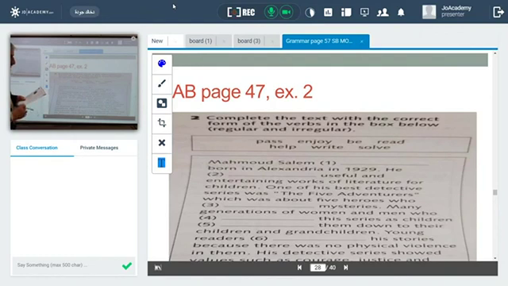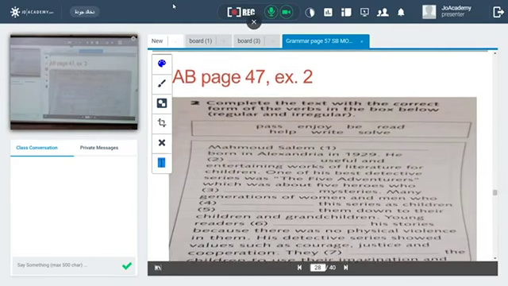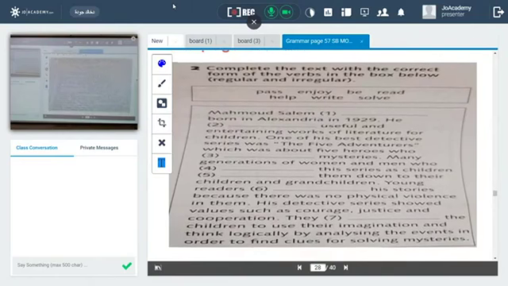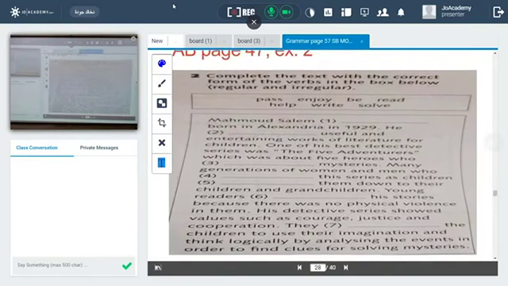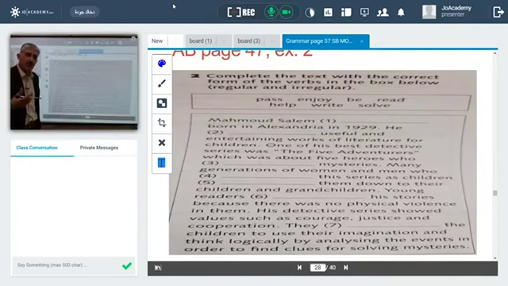Complete the text with the correct form of the verbs in the box below, regular and irregular. So we have regular verbs and irregular verbs. You remember the regular verbs, we just add ed to the end of the verb. But irregular, as I told you earlier, we need to learn them by heart. We need to memorize these irregular verbs.